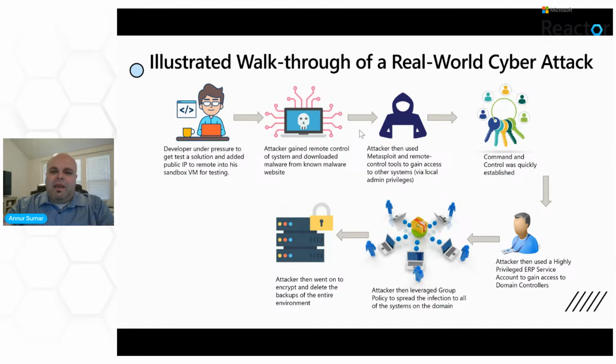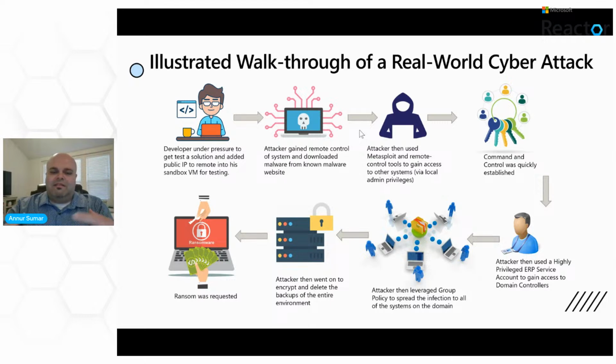So once they have command and control, once they have those capabilities in place, they're able to move laterally across the environment, gain access, and then start the process of encrypting and requesting ransom.